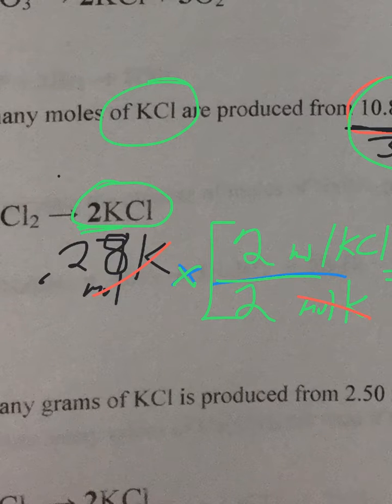Okay, wait a minute. Both of you are talking at the same time. Do you need me to explain again how you got the given, why it turned out to be 0.28? Okay, because you started off with 10.8 grams of potassium. So 10.8 grams divided by the molar mass.